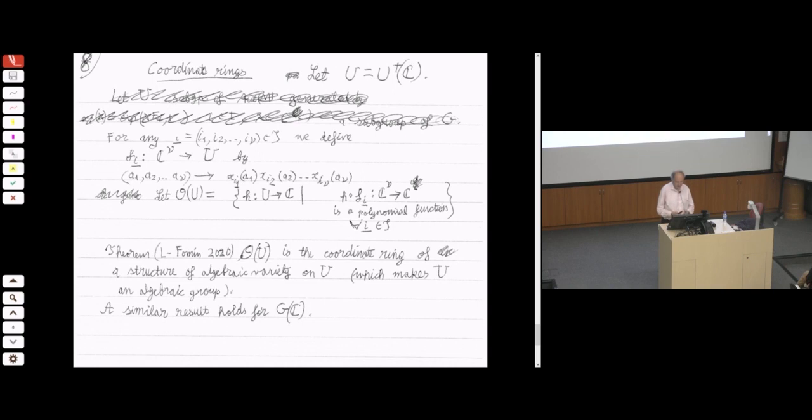Okay, so that's a theorem. So O(U) is a coordinate ring of a structure of algebraic variety, which makes U an algebraic group, and a similar result holds for G of C.